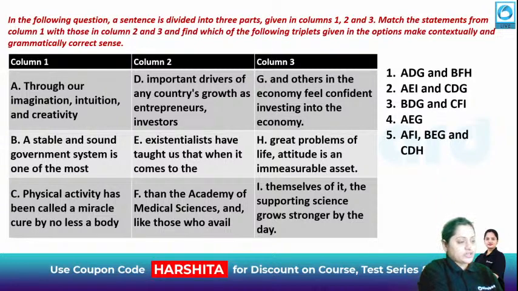Prelims level question can definitely be there with 3 columns. But remember, triplets you have to frame. Also remember there can be grammar errors here. So you have to check contextually also and grammatically also.